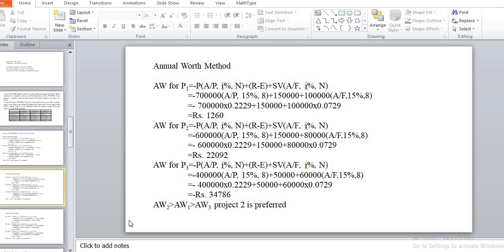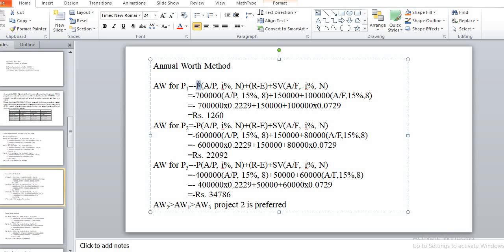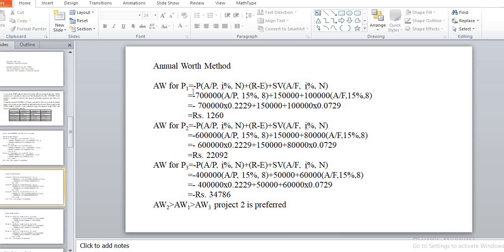Here again there are three elements: one is the investment, another is the revenue with consideration of expenses, R minus E, and the salvage value, SV. Now again we simplify this by putting the particular investment values.